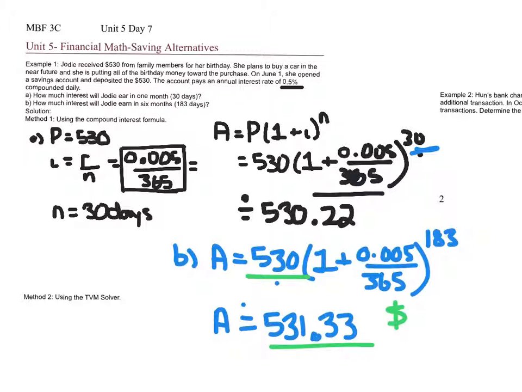So the difference is $1.33, as here it was 22 cents. So sometimes with interest, you might see a percentage, but you actually have to do the math out to understand what you are earning. Are you earning a lot?